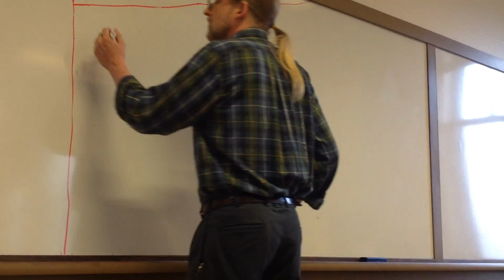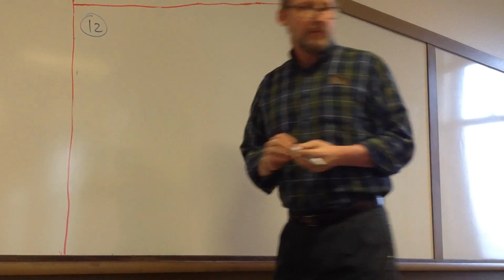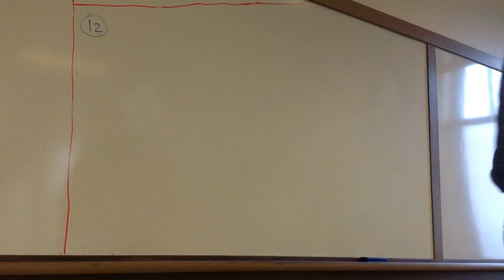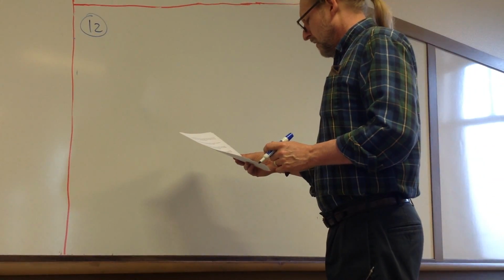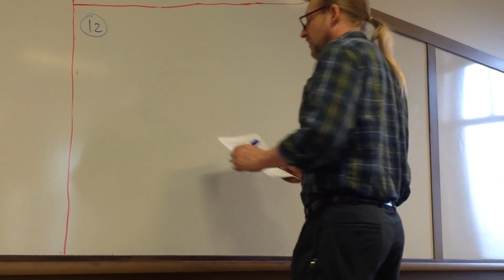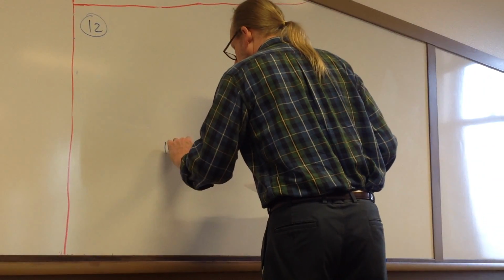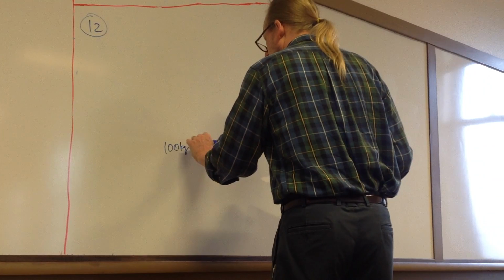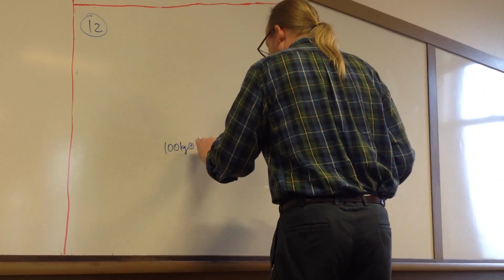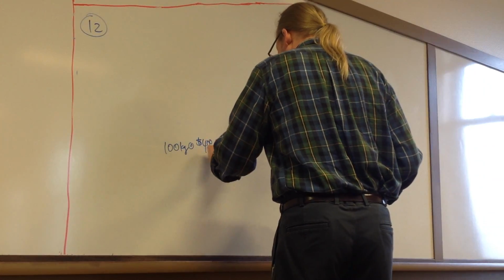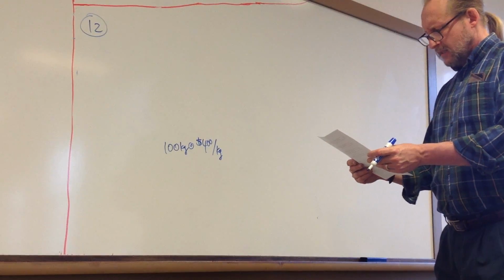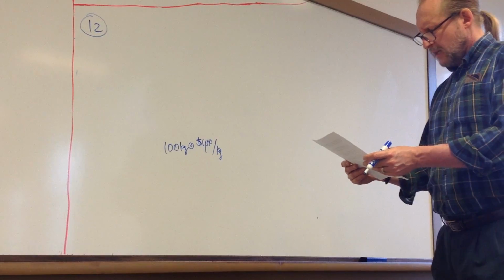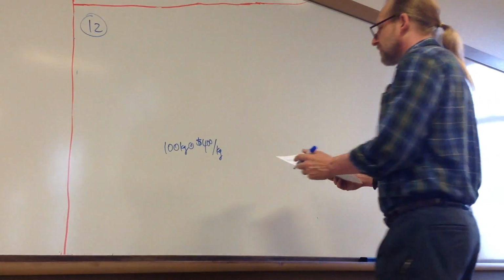All right. So, problem 12, got 100 kilograms of a nut mixture that they want to sell for $4 per kilogram. So that's the total mixture. We've got 100 kilograms and we want to sell it for $4 per kilogram. He adds nuts that sell for $3.20 per kilogram.